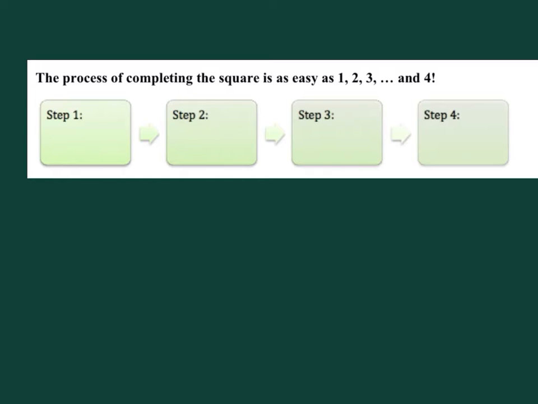So we're going to be starting with an equation in standard form. y equals ax squared plus bx plus c. In this lesson so far, we'd seen all examples where the a value was 1, but we will move on from that. So our first step is actually going to need to be to divide the entire equation by a.